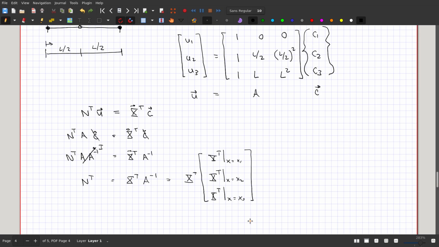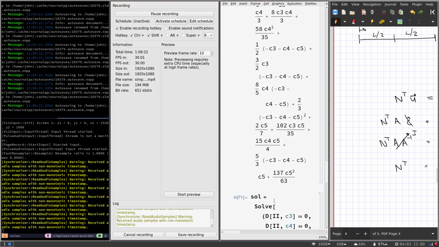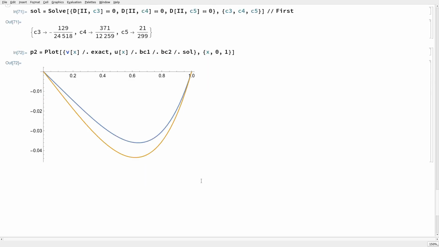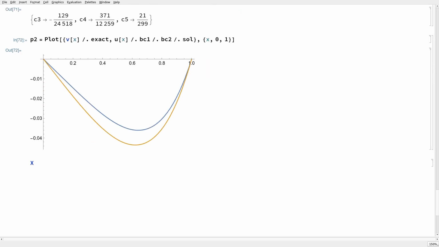So let's see what it looks like for this polynomial set of basis functions. What we'll do is define x to be 1, x, x squared.